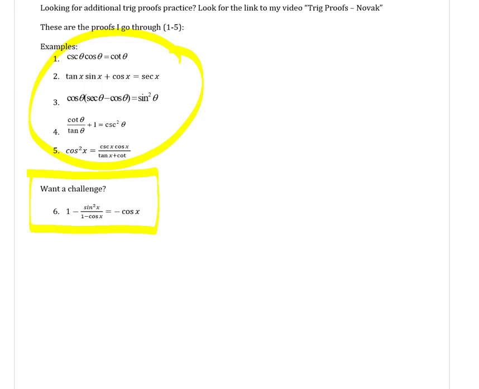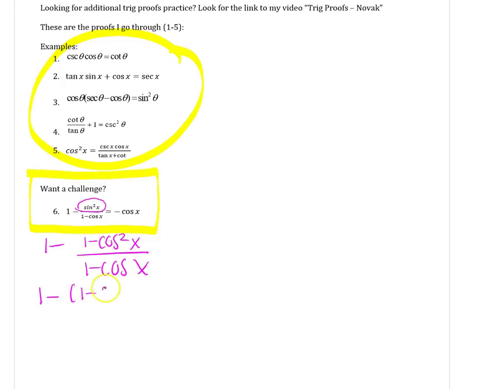So going to the bottom here, these are the proofs I was talking about in the other video. I'm going to go through this one now. Something I notice is that this can be rewritten in terms of cosine. I can write that as 1 minus cosine squared of x all over 1 minus cos of x. And I still have the 1 minus hanging out of here. 1 minus cosine squared of x, that's a difference of 2 perfect squares.